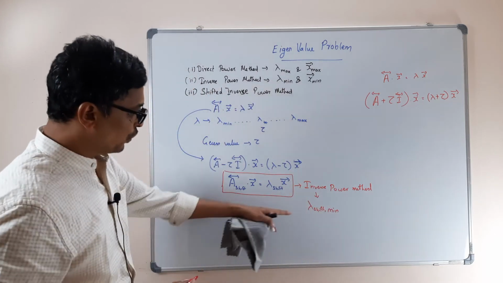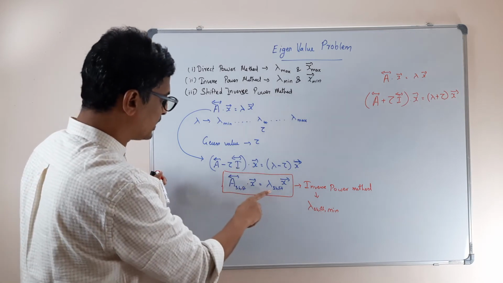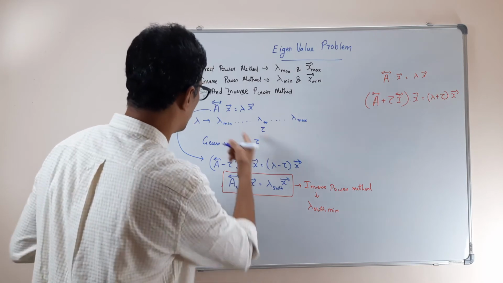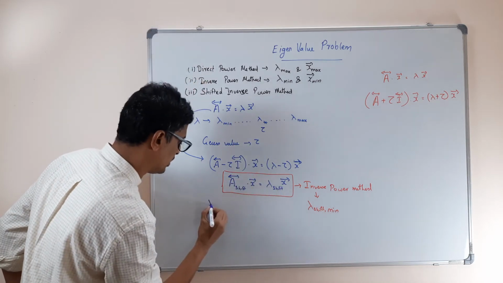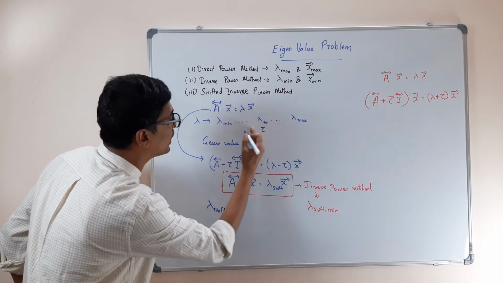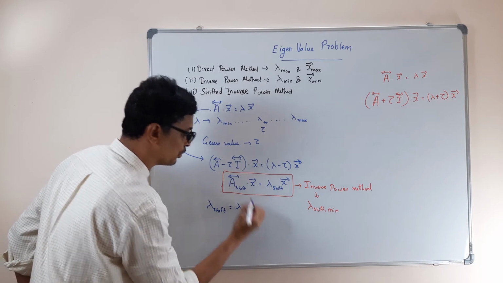The λ shift is nothing but the actual λ of my original matrix minus tau.